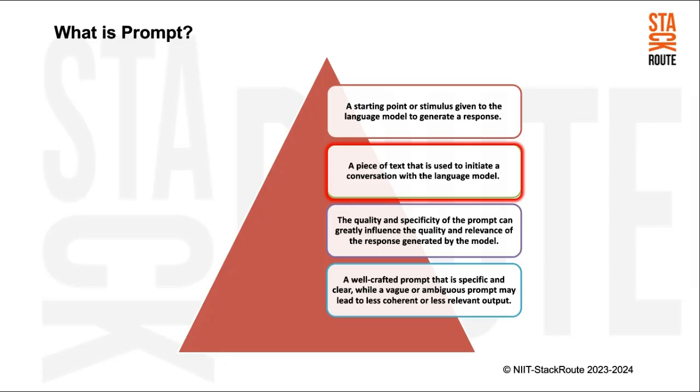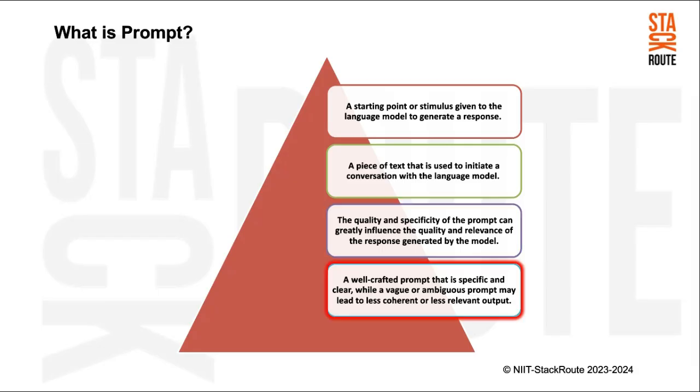It can range from factual questions to open-ended prompts that encourage the language model to generate creative and imaginative responses. The quality and specificity of the prompt can greatly influence the quality and relevance of the responses generated.